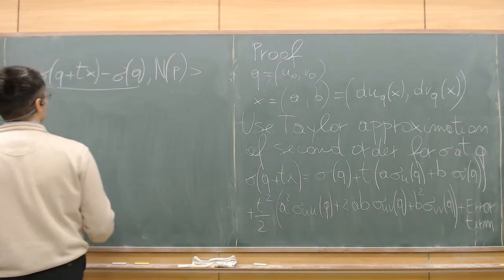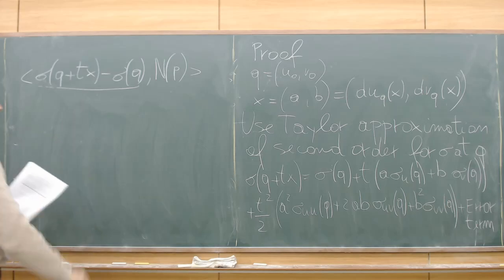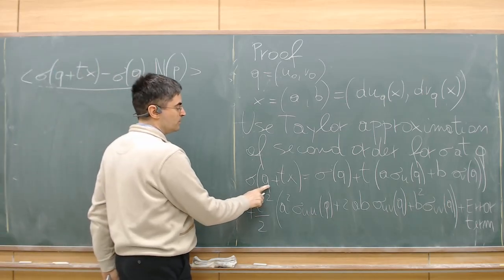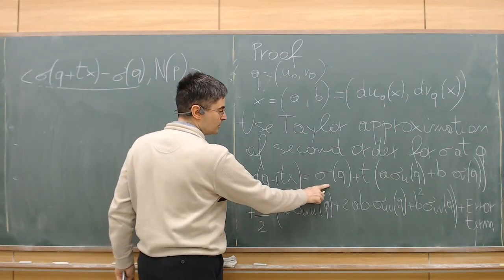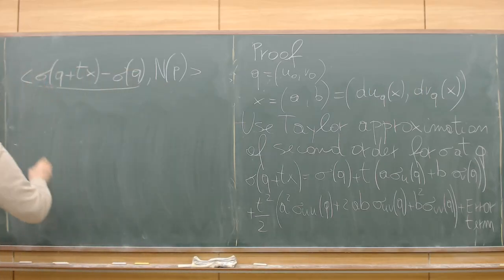So what happens if now we multiply sigma(Q plus tx) minus sigma(Q) with N?